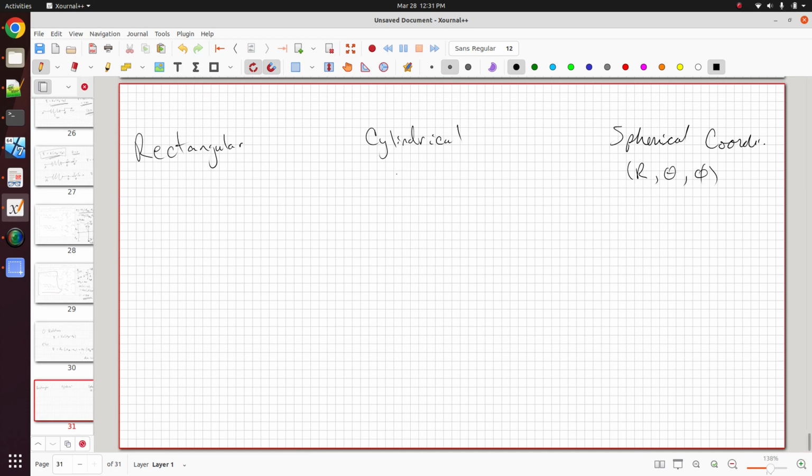Each of these coordinate systems has its own special behaviors that I want to point out. The rectangular coordinate systems are pretty straightforward, so maybe we can just glance at that. Rectangular, cylindrical, and spherical coordinate system. Let's talk about vectors in each of these coordinate systems.